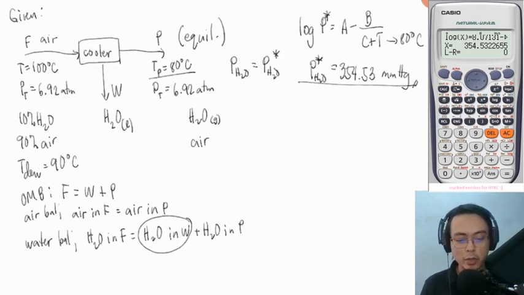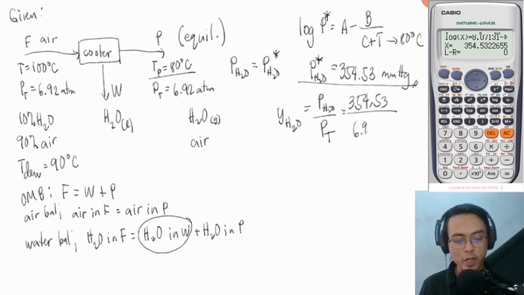So how do we use Dalton's law? The mole fraction of water is simply the partial pressure of water over the total pressure. The partial pressure of water being equal to the vapor pressure, 354.53, over total pressure, 6.92 atmospheres multiplied by 760 to convert it to millimeters mercury.